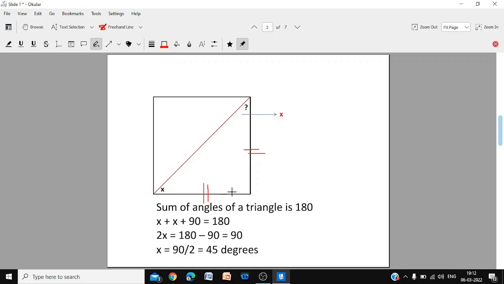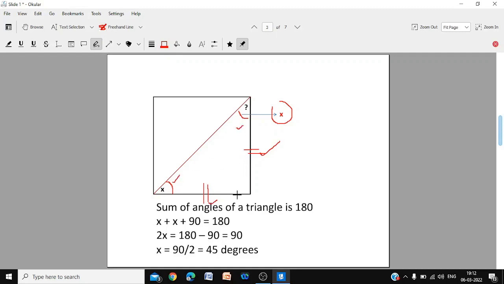That means it is an isosceles triangle. In an isosceles triangle, if this is x, then this also should be equal to x, because this side is equal to this side. Why? Because it is a square. So this is x, then this is also x.